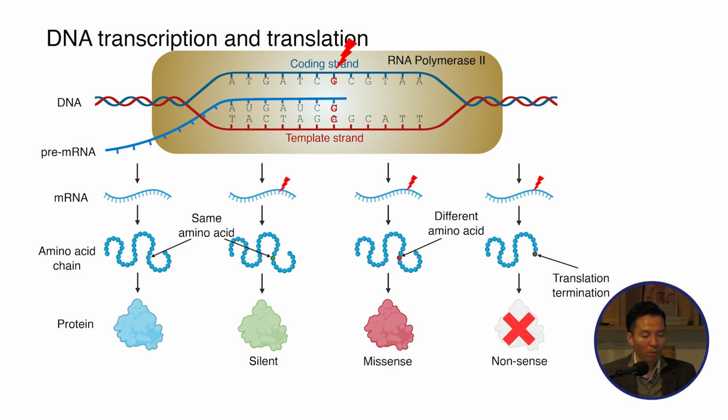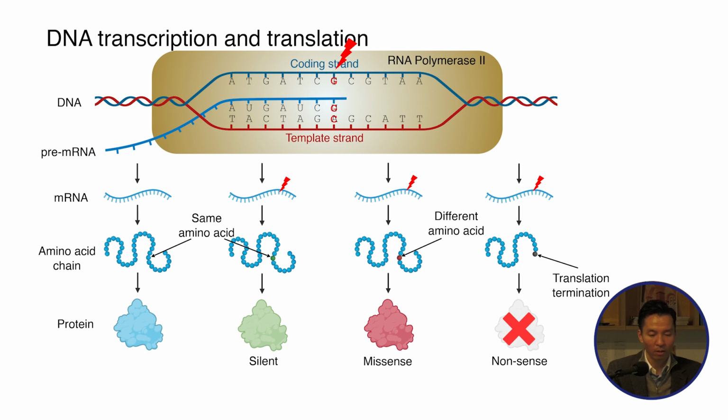Then this pre-mRNA is spliced and processed into mRNA, translocated from the cell nucleus to the cell cytoplasm, and translated into an amino acid chain and finally into a protein.